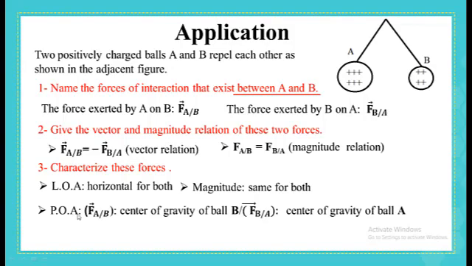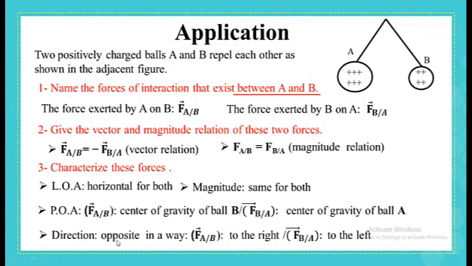Concerning the point of application, and since we're talking about forces of interaction that act from a distance, it's the center of gravity. If we are talking about the force done by A on B, it is applied at the center of gravity of ball B. And when we talk about the force exerted by B on A, this force is applied at the center of gravity of ball A. Concerning the direction, they have opposite directions.